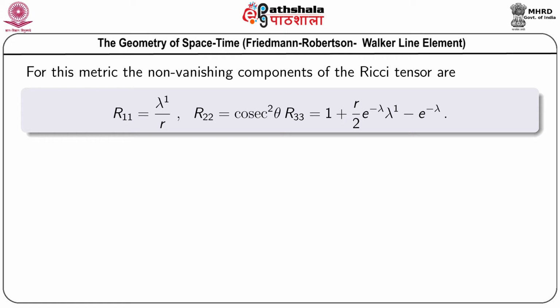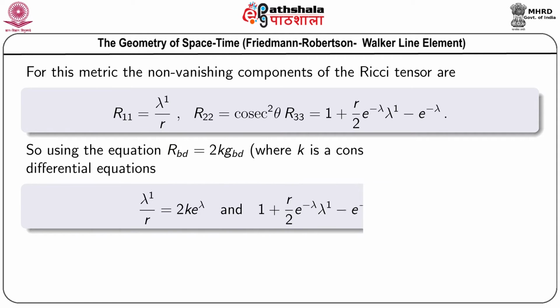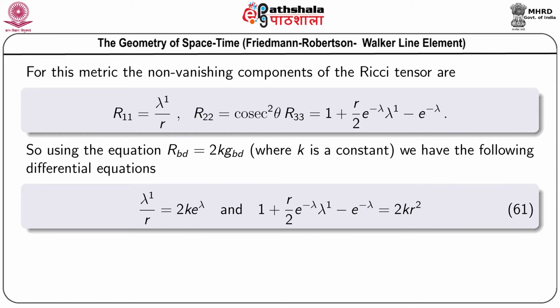So, we have just represented it in this form, and by this equation we have the following differential equations: lambda 1 by r equal to 2k e to the power lambda, and 1 plus r by 2 lambda 1 e to the power minus lambda equal to 2k r square.